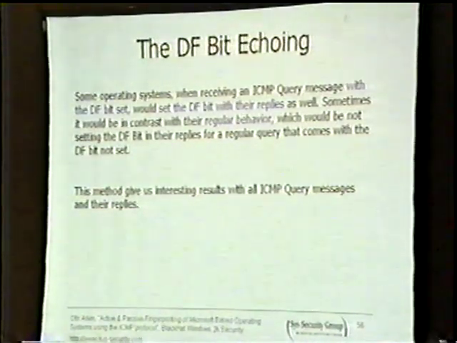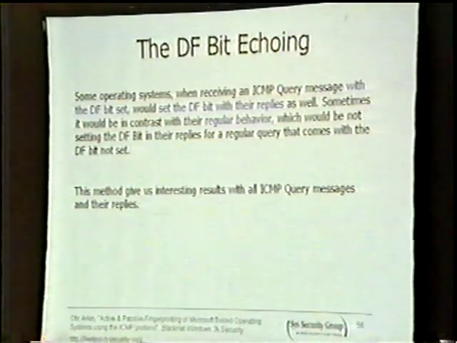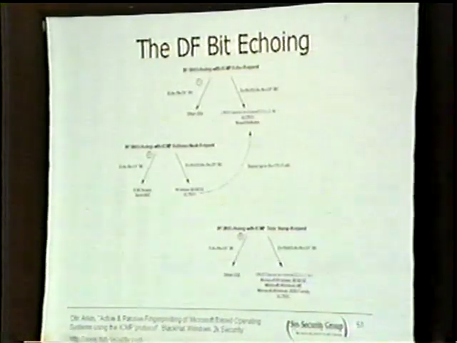Those are Sun Solaris, AIX, and HPUX with a little twist. So I was thinking, if other operating systems echo other fields, why not try this one? This one is a bit more tricky.